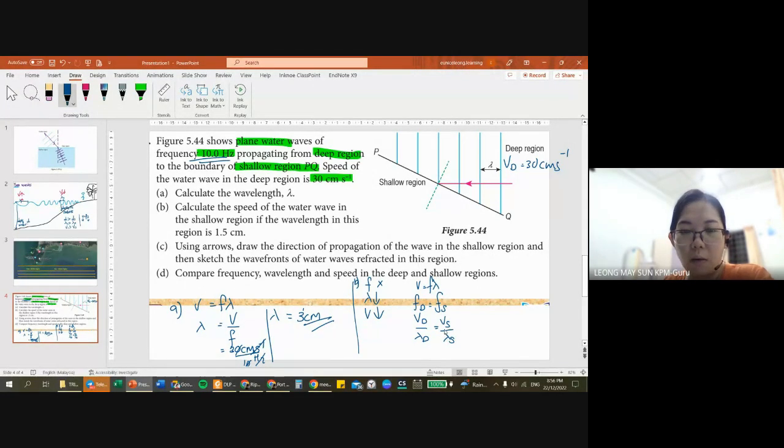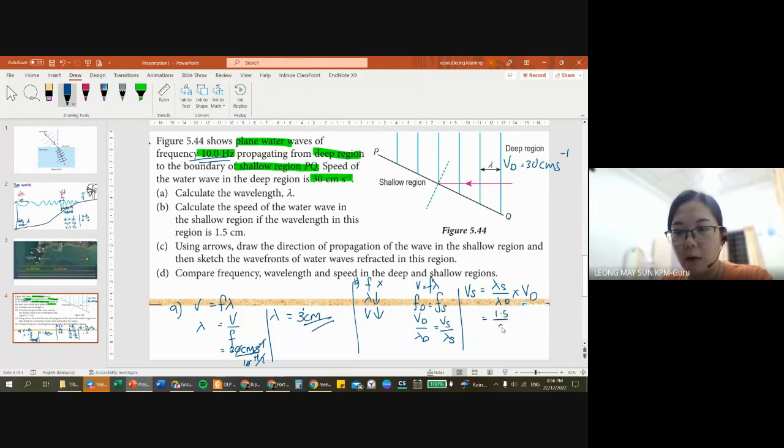We want to calculate wave speed, so wave speed at shallow region equals wavelength at shallow over wavelength at deep multiplied by the wave speed at deep region.